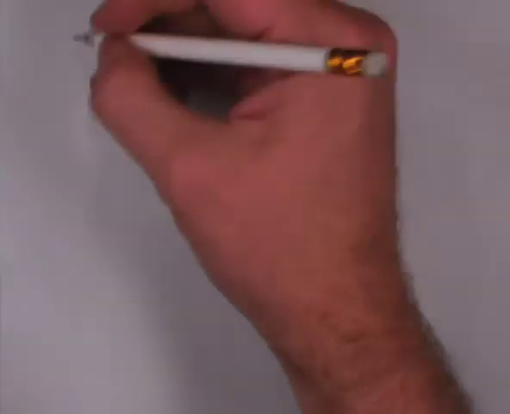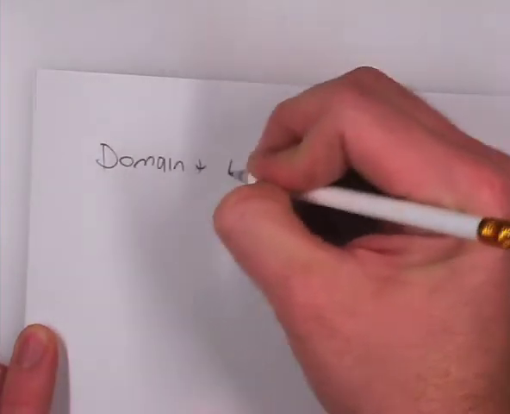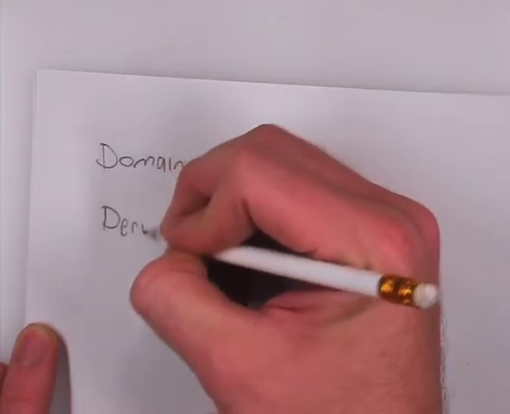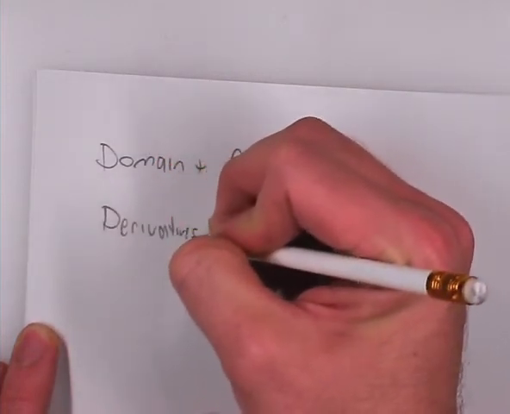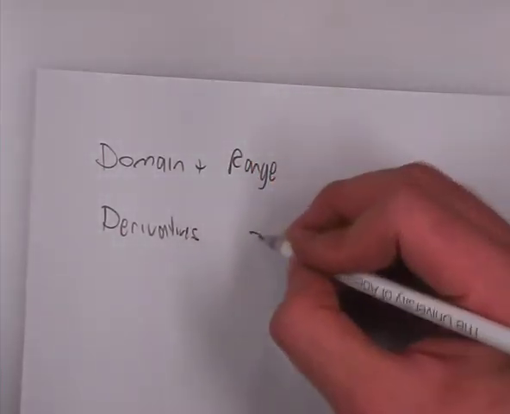Right, here we go. What have we done so far? Let's just think about what we've done so far. We've figured out domain and range. We've figured out how to do derivatives, sort of, at least in the x direction and the y direction.